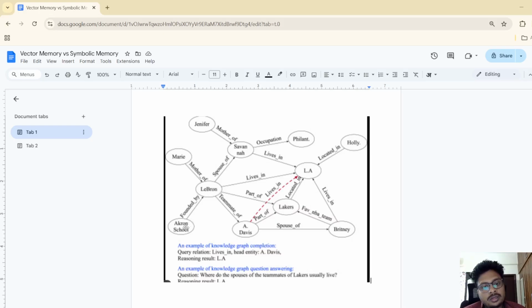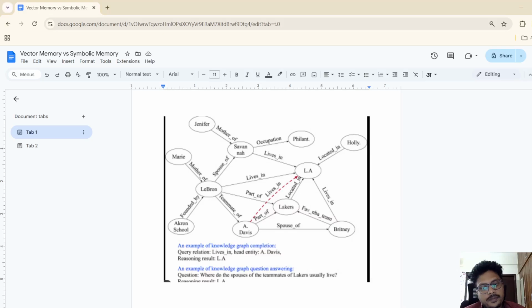How do we know Lee Bond? This is the founder of Akron School. Another way we can remember Lee Bond is as the mother of Marion. Hope you understood that. And another way we can remember Lee Bond is as the spouse of Chevanan.